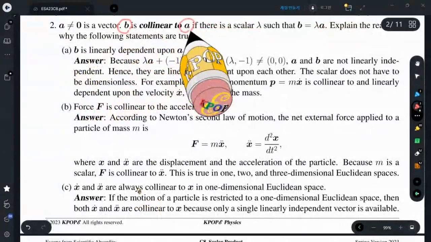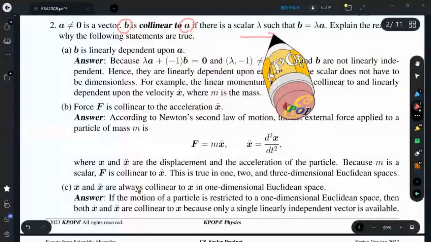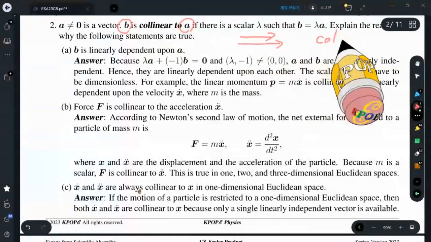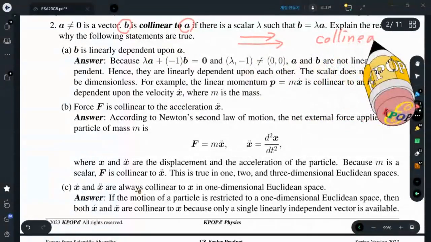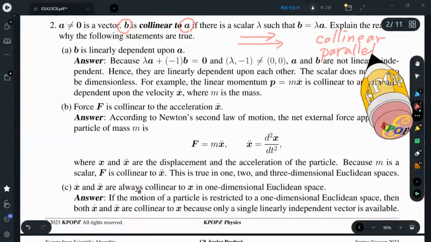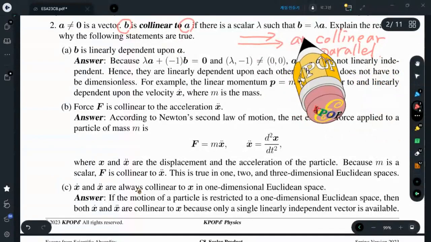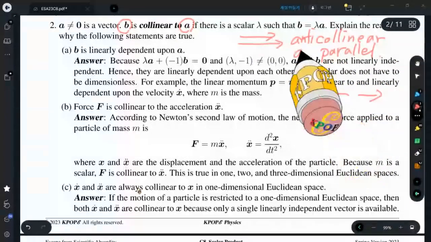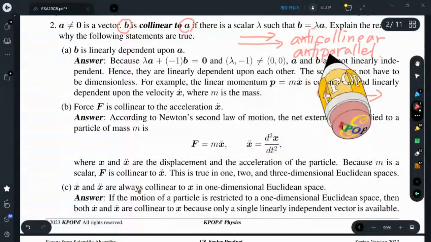If we have two vectors and they are collinear, collinear means the same as parallel. Anti-collinear means opposite. Anti-parallel, same words.